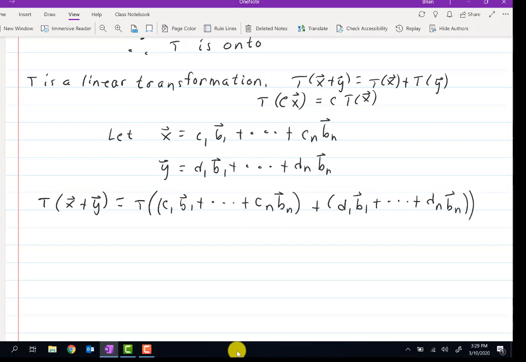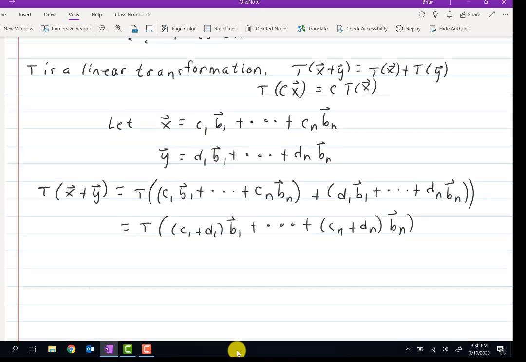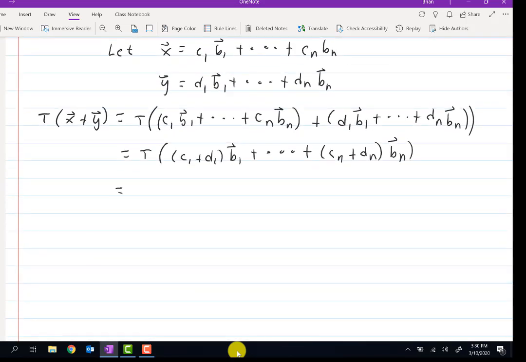And inside of the big parentheses, we can combine like terms. Well, the coordinate mapping is just going to strip off those coefficients and send it to the following vector, c1 plus d1 all the way down to cn plus dn.